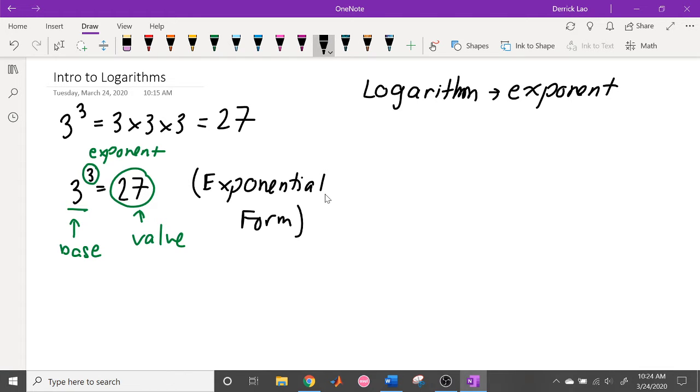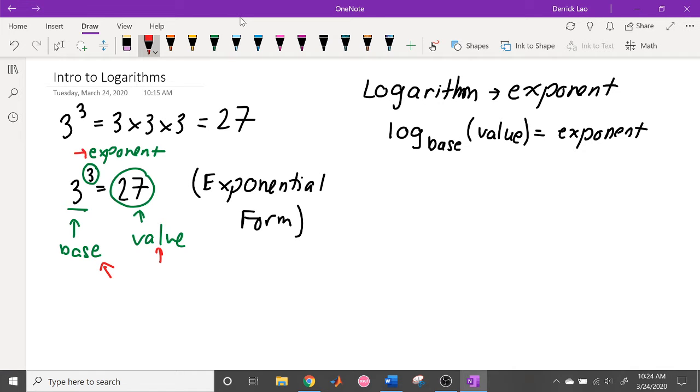Now, if we want to put this into logarithmic form, we do log of some base of some value equals the exponent. And so what we do is we look at the base, the value, and the exponent, and we plug them into the appropriate spots, into the base, value, and exponent.